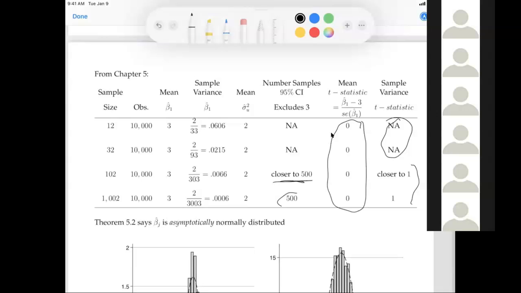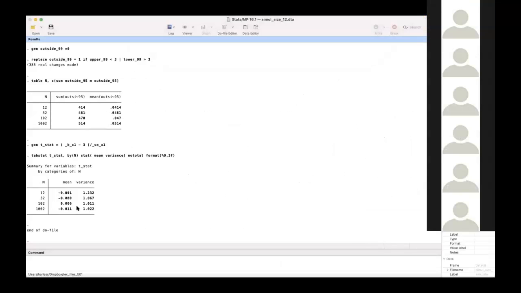So real quick, we have just barely enough time. I'm going to show you my Stata results screen. So I think you can see my Stata results screen.